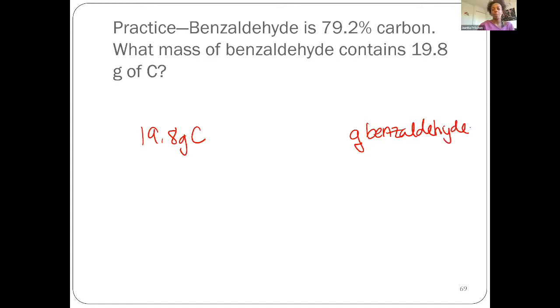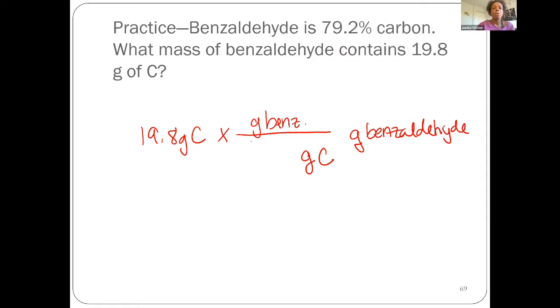would contain that. Well, again, I'm doing grams to grams, so that means I should be able to use this mass percent as a conversion factor. And so I would take my grams of carbon on the bottom, and on the top would be grams of the benzaldehyde. And I'm going to input that mass percent as a factor.